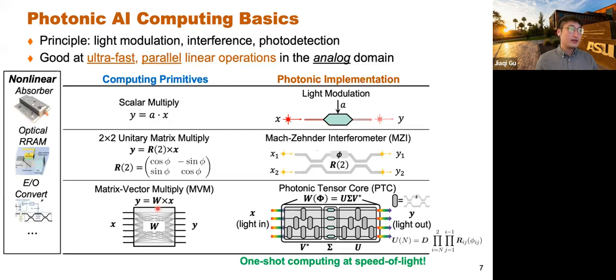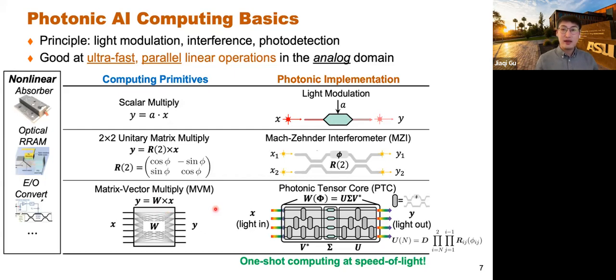Instead of multiplying the W matrix by the X vector directly using a systolic array, we use decomposition. The photonic tensor core decomposes the matrix W using singular value decomposition into three matrices U, sigma, V. U and V are unitary matrices, or orthogonal matrices in the real domain.